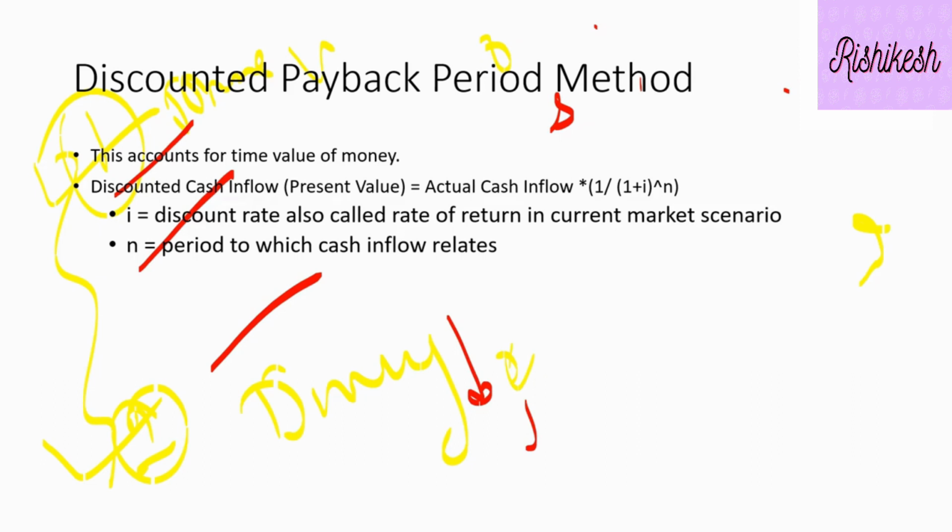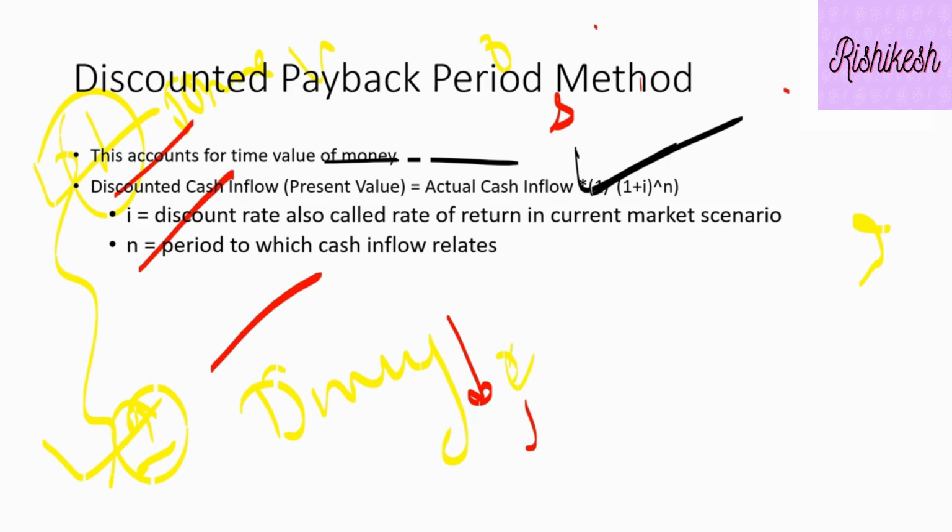That discounting factor is taken into consideration while converting any future value into a present value, or any present value into a future value, right? So that is why we come to a method of capital budgeting called the discounted payback period method. This method takes into consideration the time value of money.